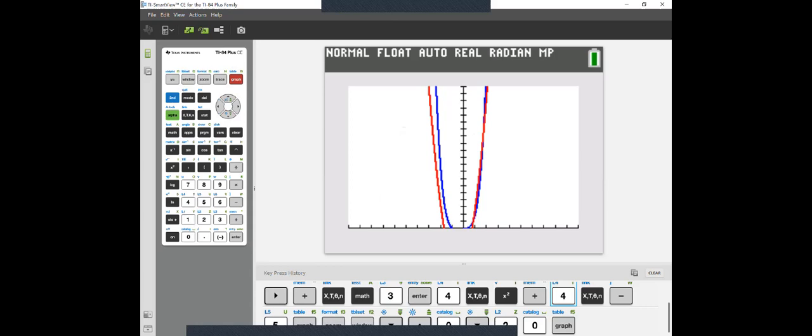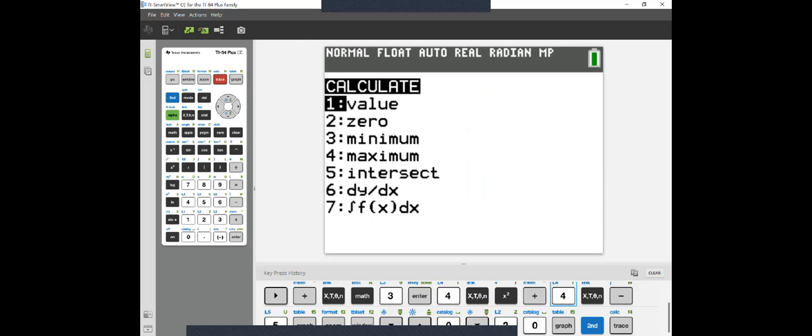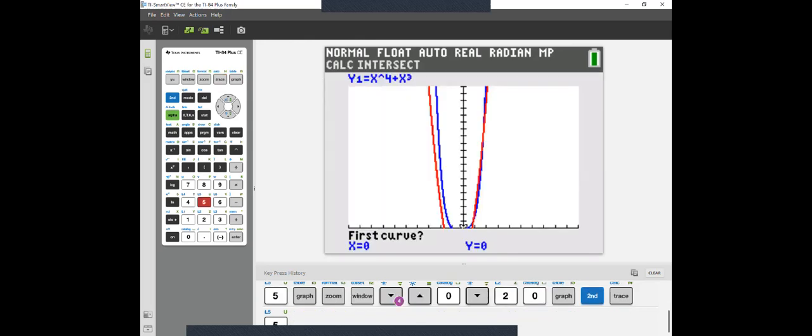So finding the points of intersection, second trace, option 5, first curve, second curve, and then I would need to make a guess. I think it's right about there.